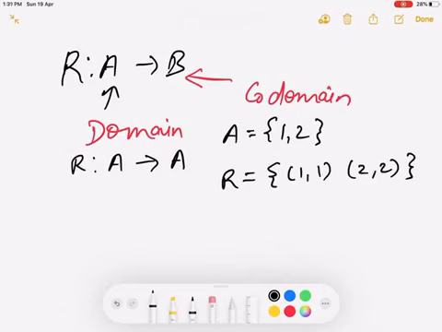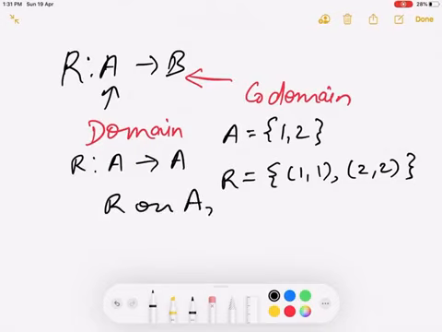Any other combination of ordered pairs in which the first entry comes from A and the second entry also comes from A will also be a relation from A into A. This is also known as a binary relation, and it is called a relation on A.